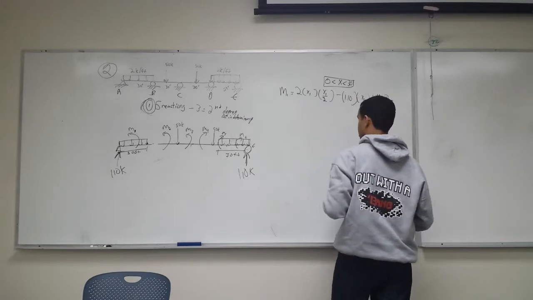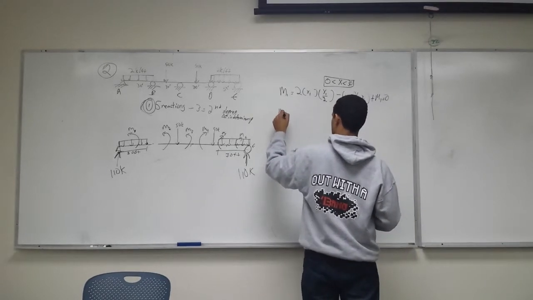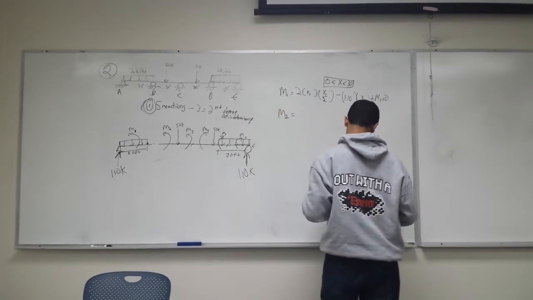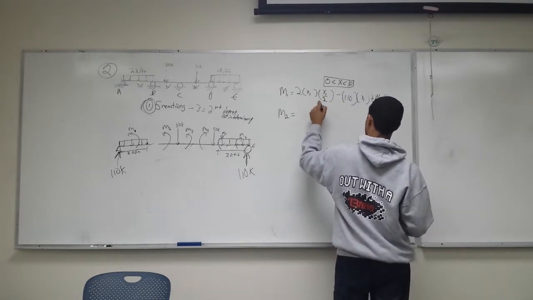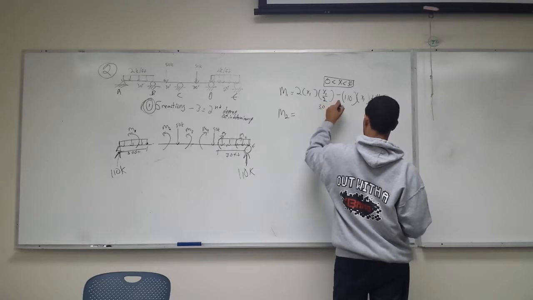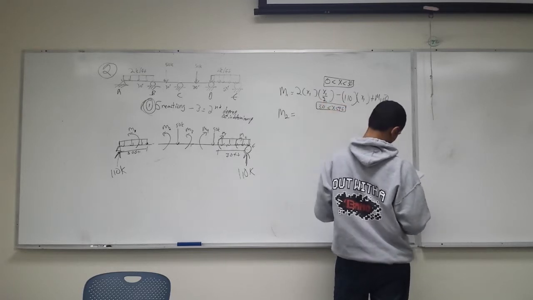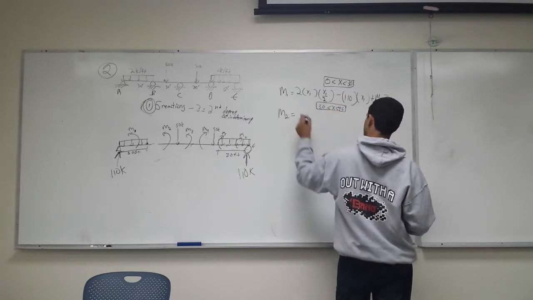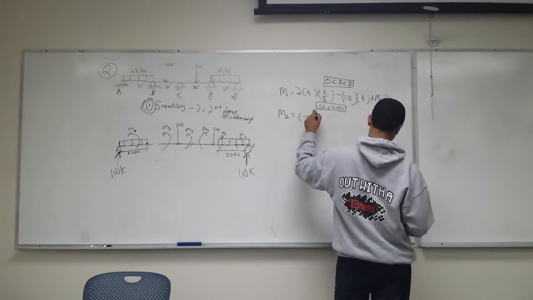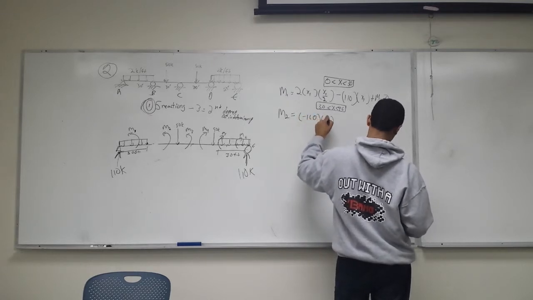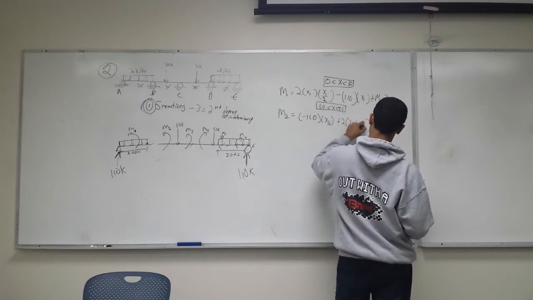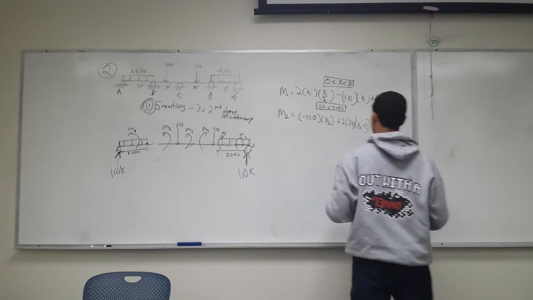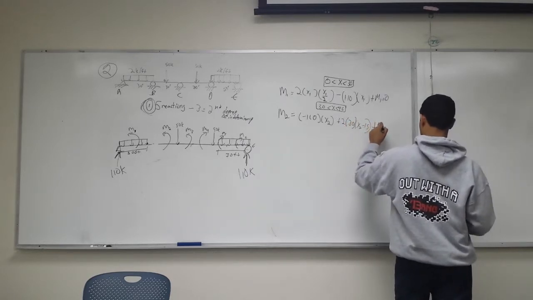Now we write our expression for moment 2. Moment 2 is from 30 to 45 feet. We write out negative 110 times x2 plus 2 times 30 times (x2 minus 15), plus m2 is equal to 0.